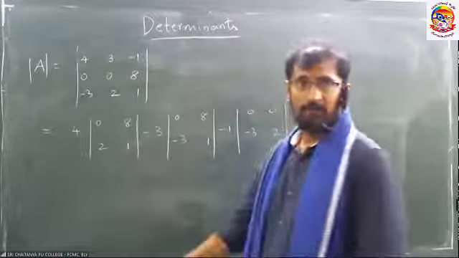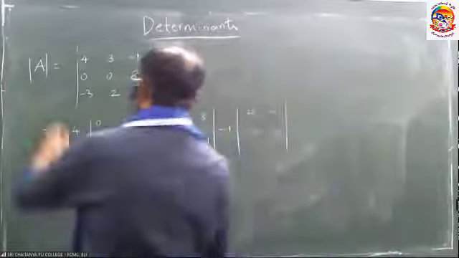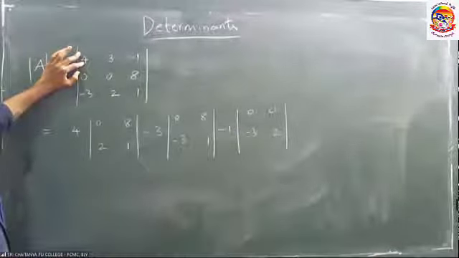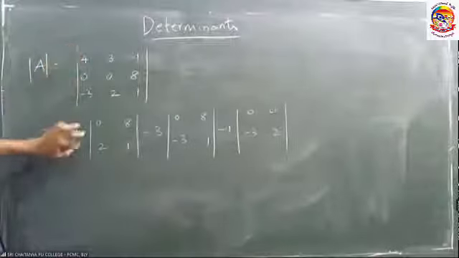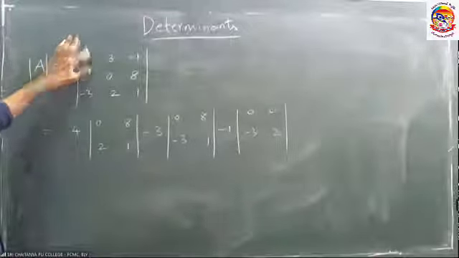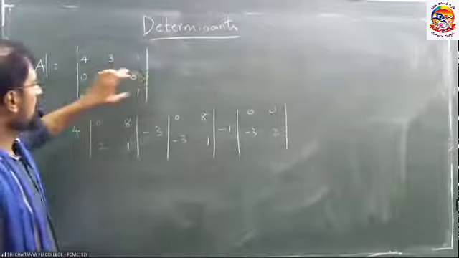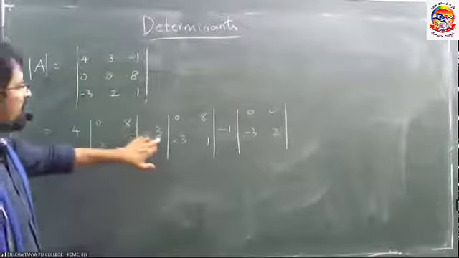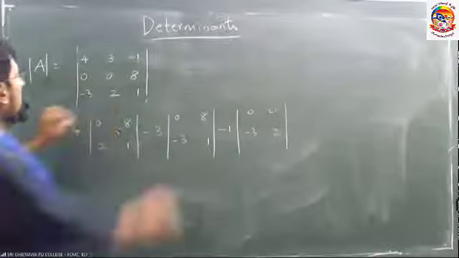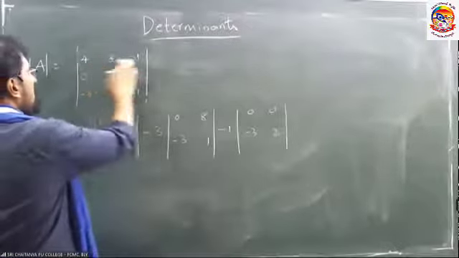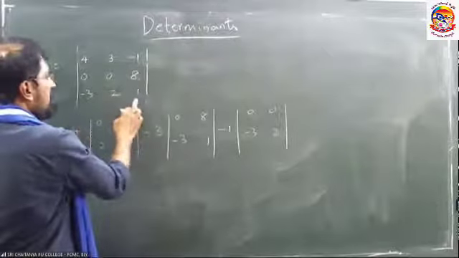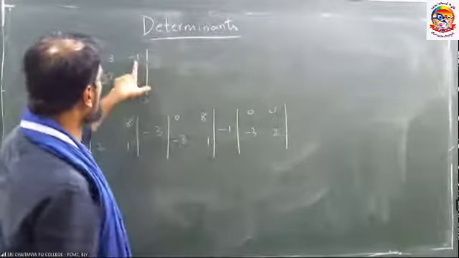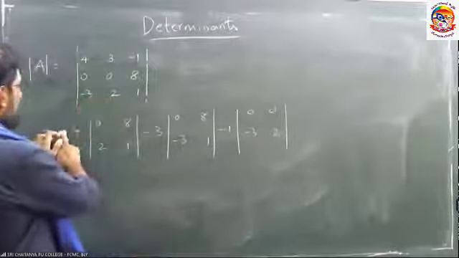I am repeating. 4 into exclude this column and this row, and write down the remaining elements. Minus 3 into exclude this column and this row, and write down the remaining elements. Minus 1 into, already see, positive, negative.